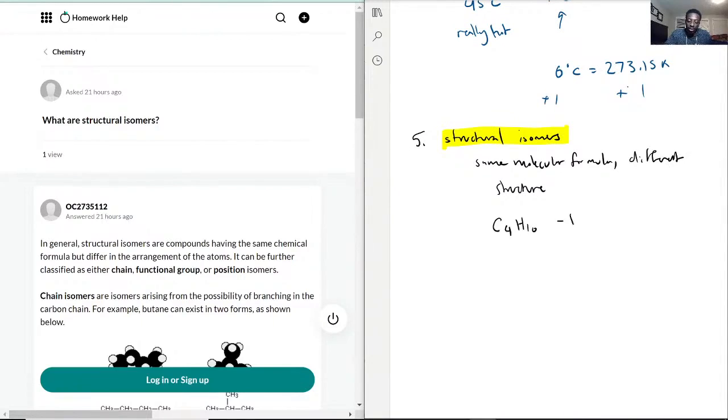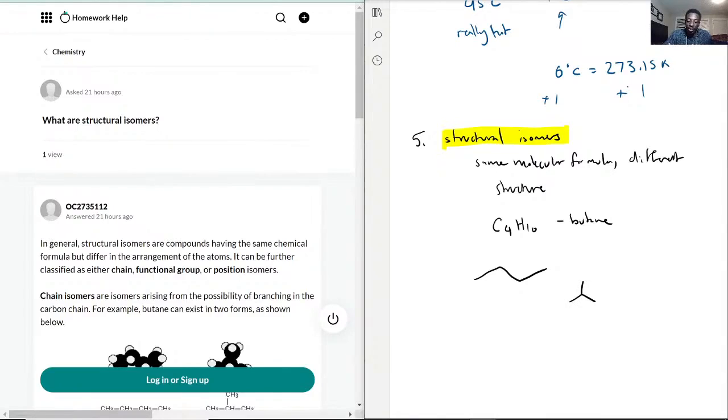This right here is also known as butane. But I could draw it like this. Or I could draw it like this. Those are really the only two I could draw it as.